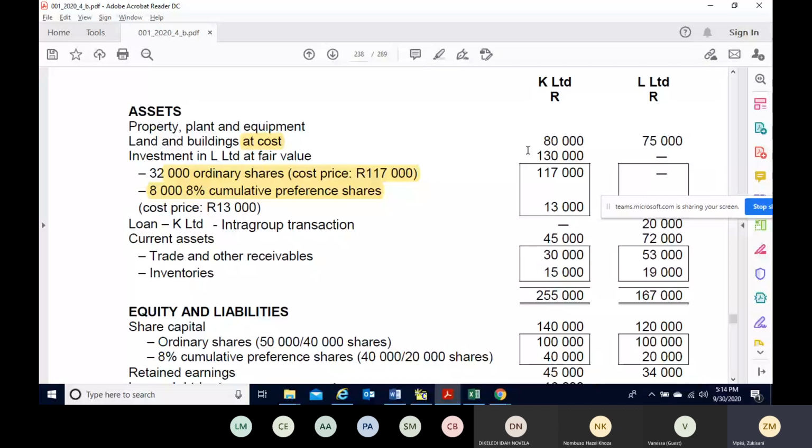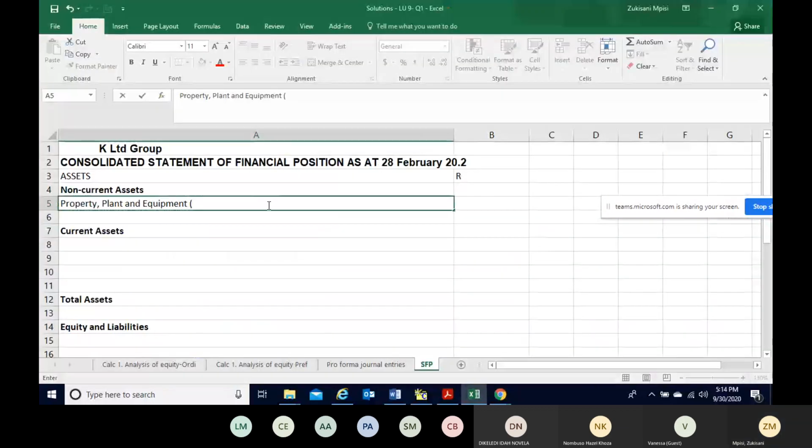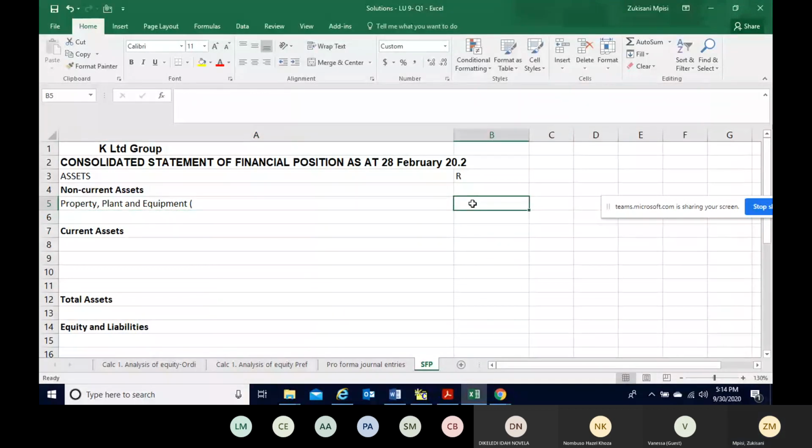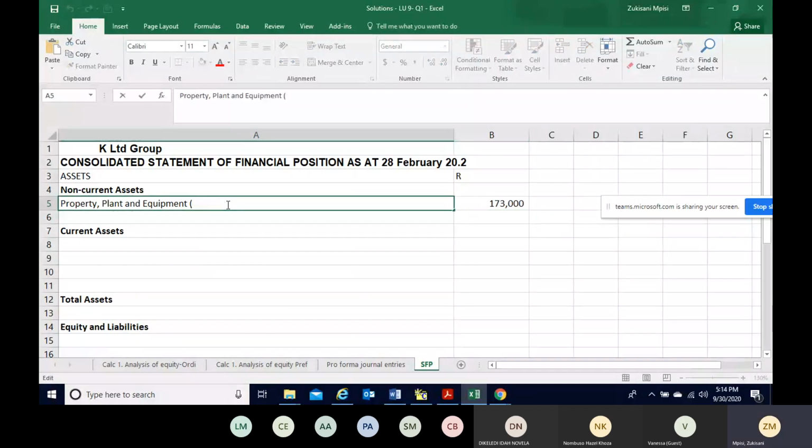Remember, land and buildings is actually what makes up PPE. So it's 80,000 plus 75,000. Then I'm going to add the revaluation provided of 20,000 minus 2,000 of unrealized profit, which is 173,000.